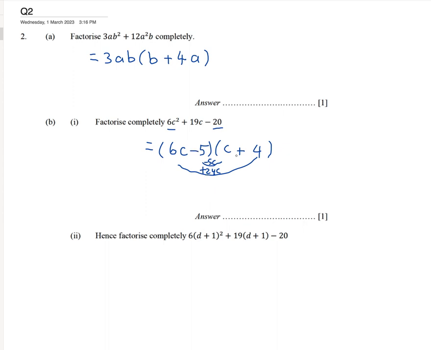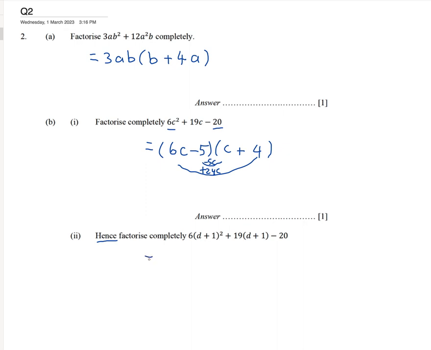This completes the factorization. Now, the word hence means that we must use the previous results, and we have to use this result to factorize this. On examination, we find that c has been replaced with d plus 1.